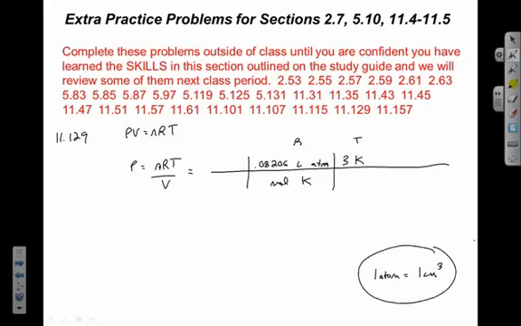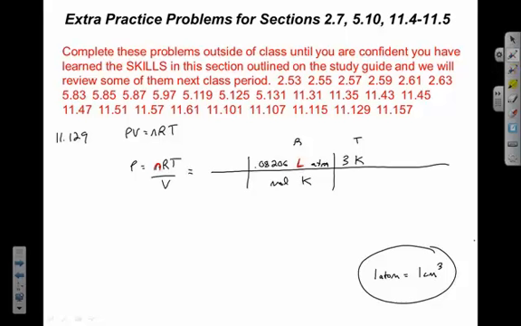So this relationship gives me how many atoms I have in a milliliter or centimeter cubed. But if I'm going to use this value for R, I need my volume to be in liters, and I need the amount of gas to be in moles. That's what n represents, the number of moles, not the number of atoms. So I'm going to have to do a couple conversions to get this amount in atoms into an amount in moles, and the volume in centimeters cubed into a volume in liters.